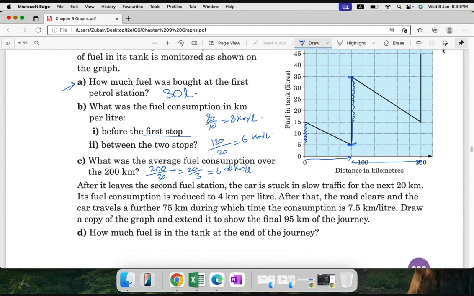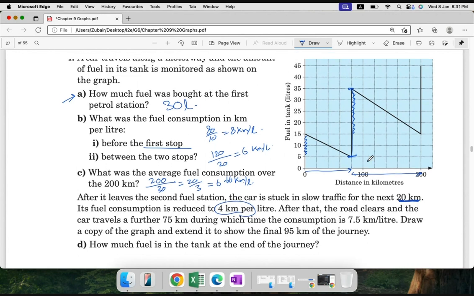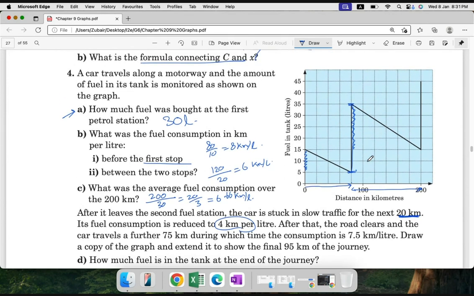Okay. So slow traffic, they're saying that for the next 20 kilometers, this is 4 kilometers per liter. So what would we do? This is 200. This would be 220, and 4 kilometers in 1 liter, and this is 20. So 20 would be x liters.